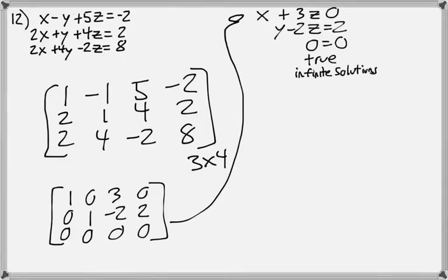So we need to express our answer as an ordered triple. So I'm going to let z be anything, and I want to get x and y in terms of z.